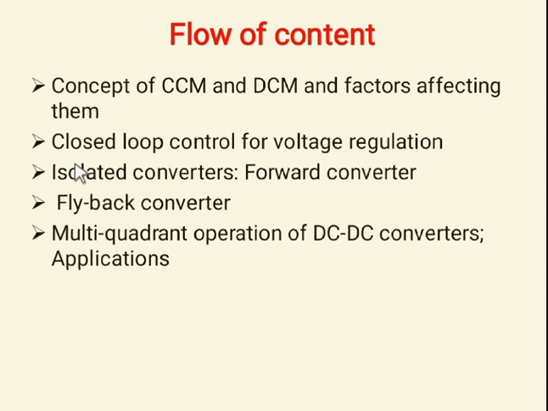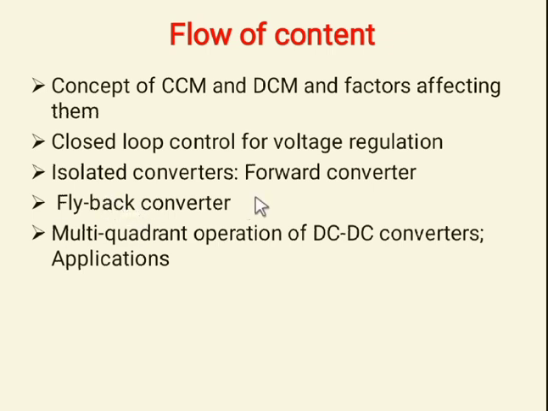So we completed the closed loop control for voltage regulation. In the next lecture we will cover the isolated converters like the forward converter and flyback converter. Isolated converter means it isolates the two circuits, the output circuit and the input circuit. The previous converters like buck converter, boost converter and buck-boost converter are known as non-isolated converters, because the input and output are not electrically isolated.